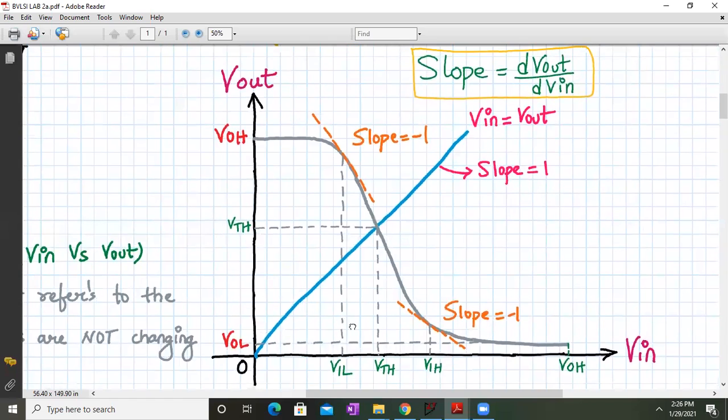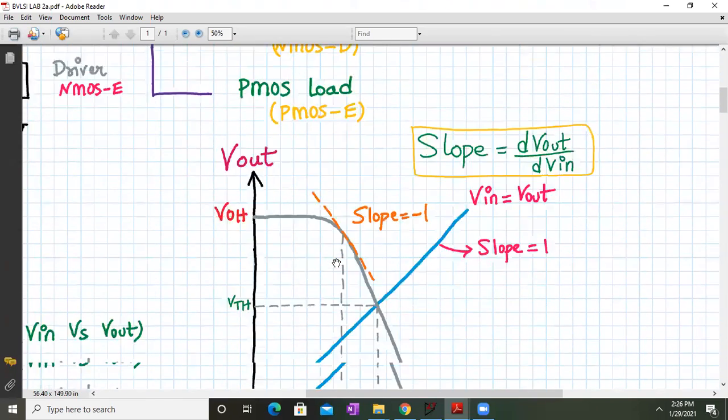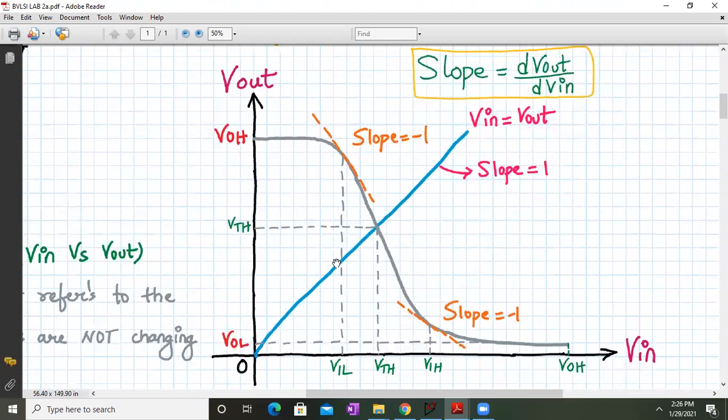Once you have these 4 inverters which we have over here, every inverter will give you this VTC characteristic, and from that we have to extract the VOH, VOL, VIL, VIH, and VTH points. Now how do we correctly determine these? When this curve falls down, the first time its slope is -1.